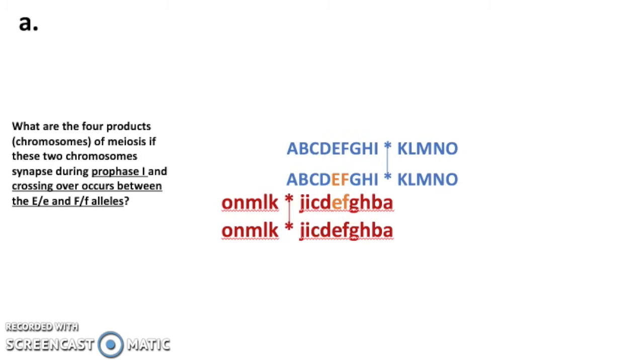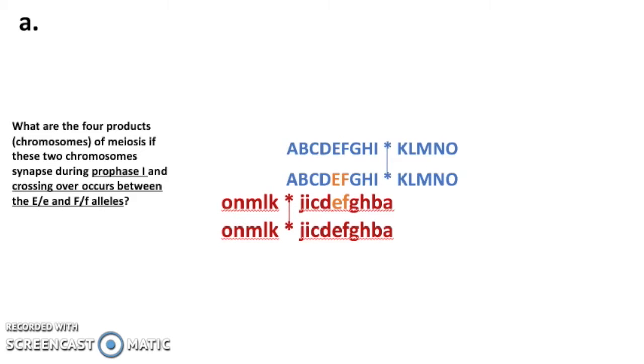But when that takes place, now we can see that the letters are lining up, so C, D, E, F, G, H, so that increases the chance of crossing over taking place, and here it's going to take place between the E and the F.